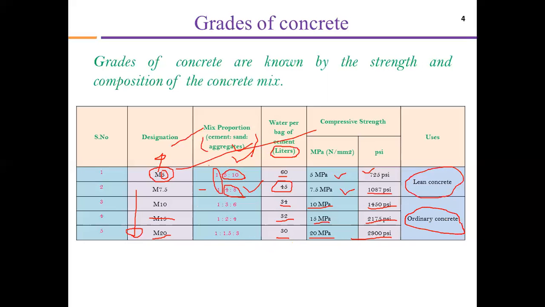Okay, which means we are using it in ordinary purposes like for the construction of RCC beams, RCC columns, RCC slabs, raft foundations, retaining walls. Okay, even where there will be steel reinforcement. So we can use M10, M15, and M20 concretes.